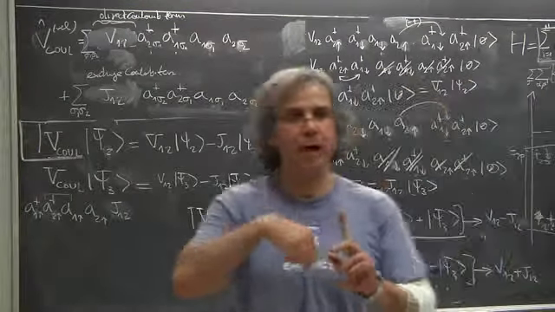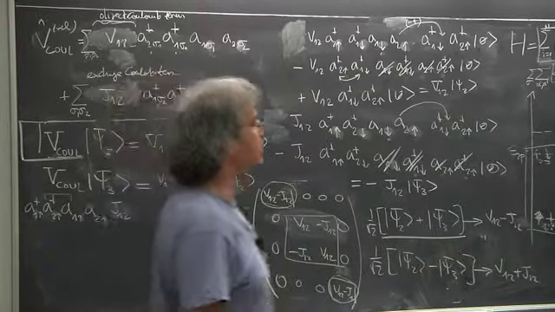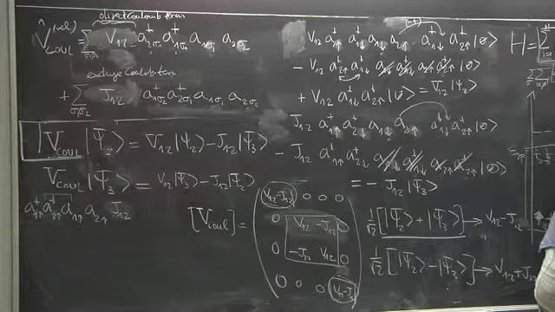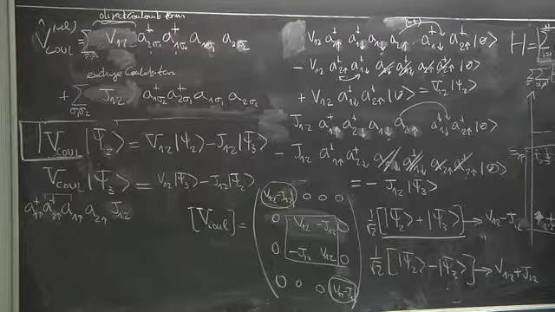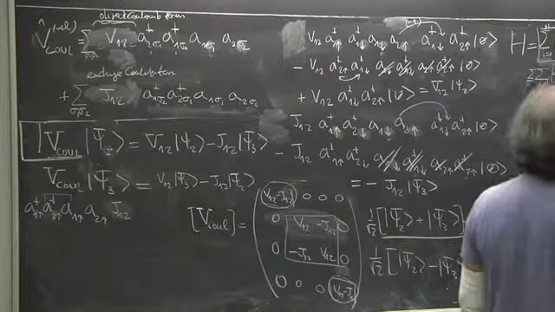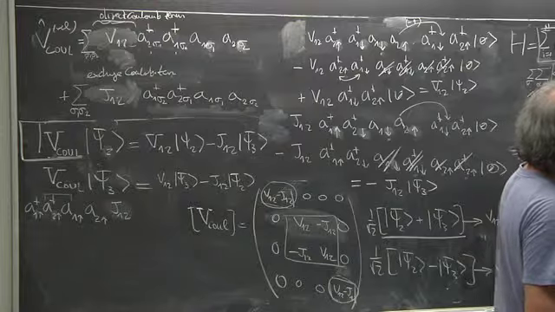Up, down, plus down, up. It's the third element of the triplet. So this is a spin S equal 1, Sz equals 0. While this is spin 1, Sz equal 1. And this is spin 1, Sz equal to minus 1. Okay? So here are the three elements of the triplet.